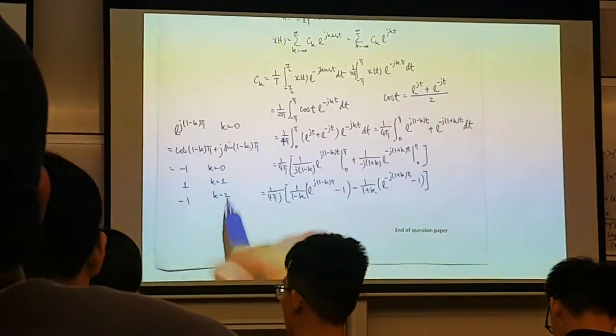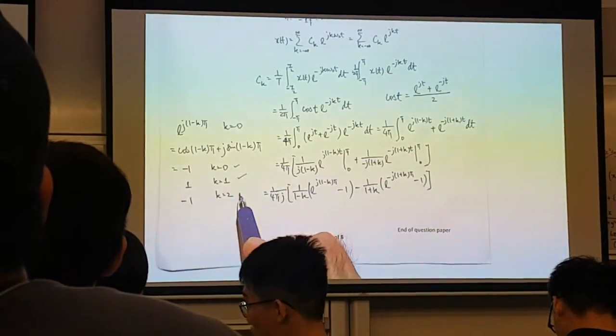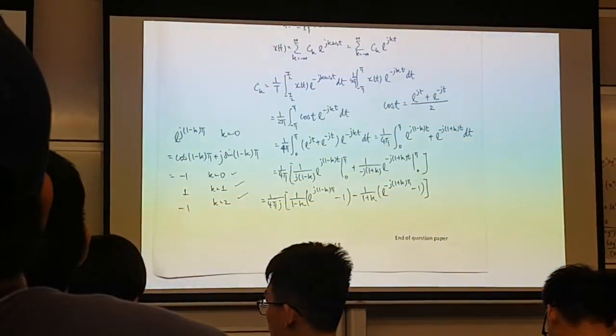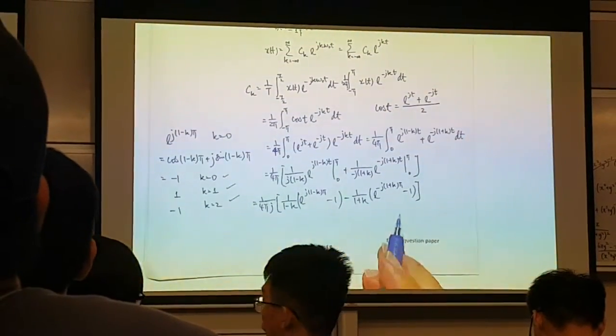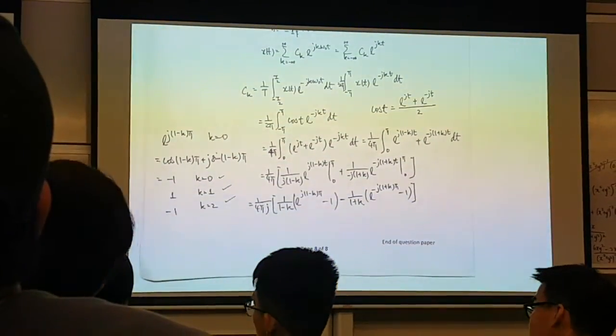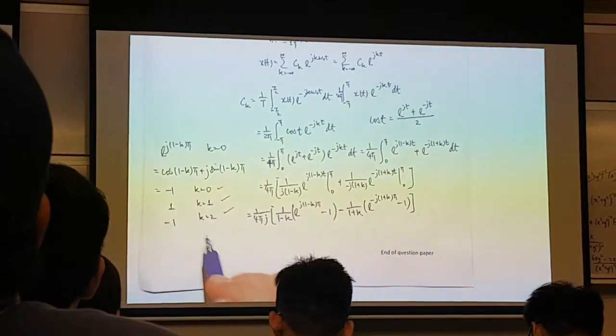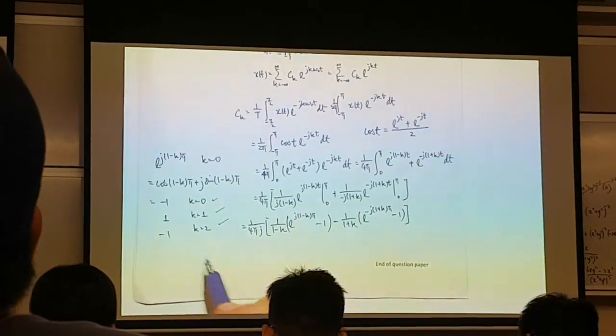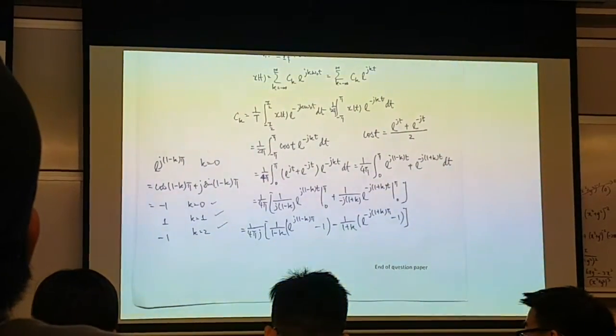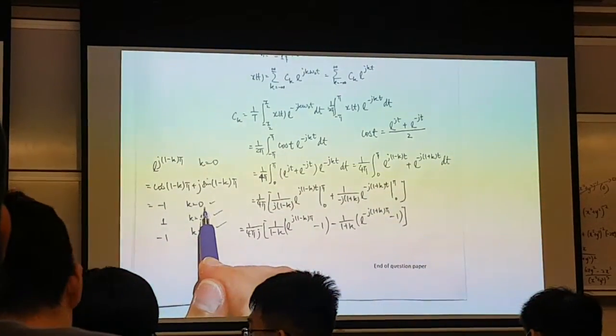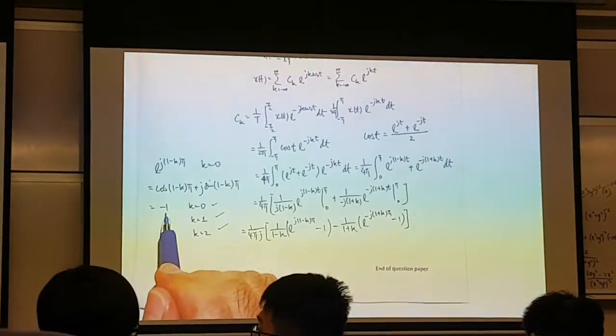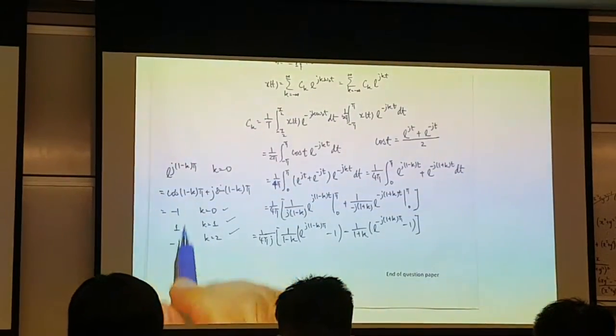So in a way, you can look at this and try to work it out. This basically will give you an idea. When k is equal to 0, you're at minus 1. So how can we write it?